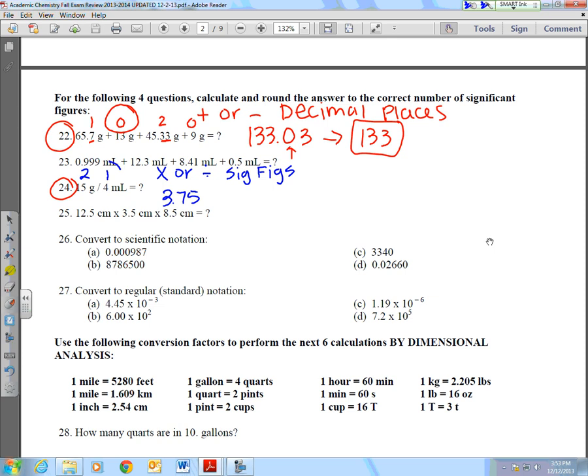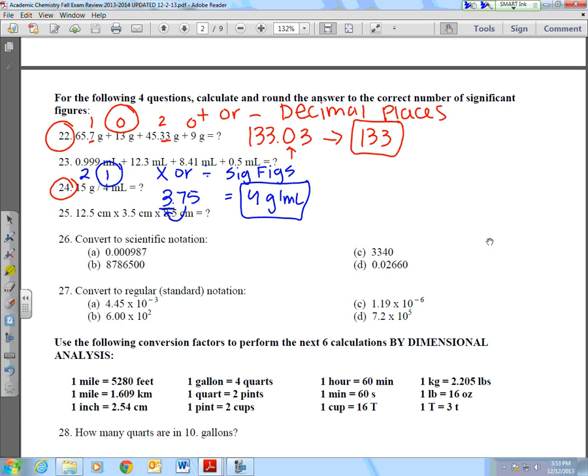I want to round to the least amount of Sig Figs, so my answer can only have 1 Sig Fig. So the 3 is going to be your whole number, but I can round this up because behind it, it's 5 or bigger. So it's actually going to be 4. That'll be grams per milliliter as the unit, because it's grams divided by milliliters.